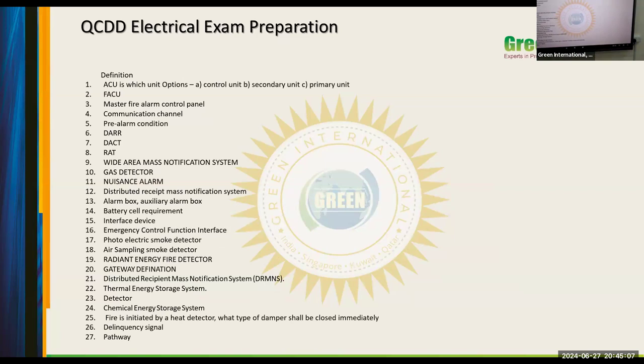Okay, I hope you are able to find the answers here and there. In that we have definitions. In the definitions, find the answer for this question. This question was asked in my exam, and in the last 10 minutes I found the answers.